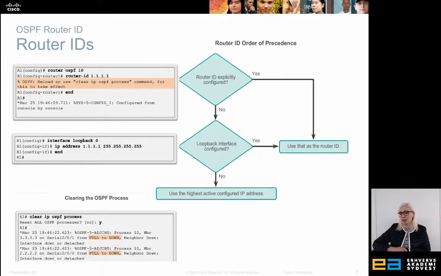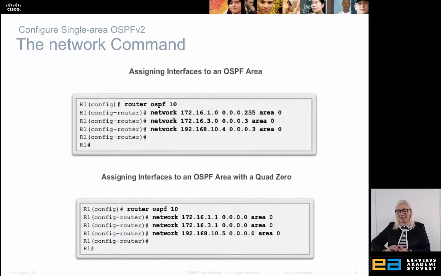But if you haven't set anything, then the default priority will be the same on all of your routers, and it needs to choose one to be the DR and another one to be the BDR, and then it will only look at your IP addresses, and the highest active IP address will be chosen as the router ID. Or you can set it yourself, as I said.